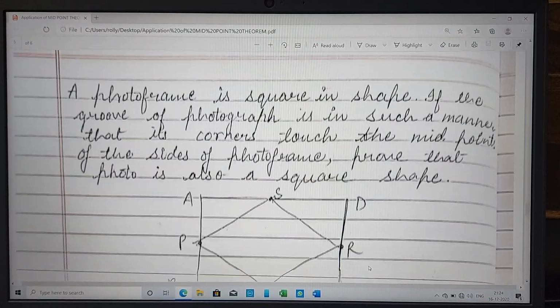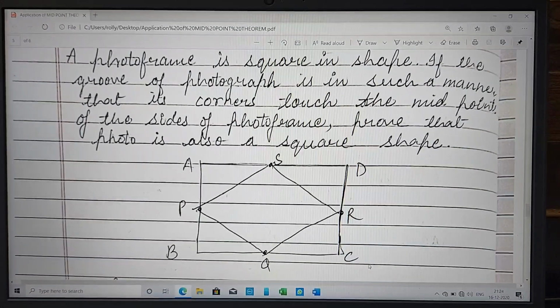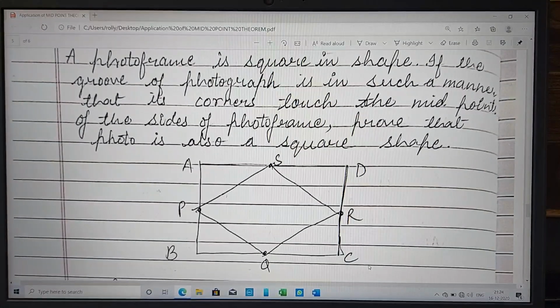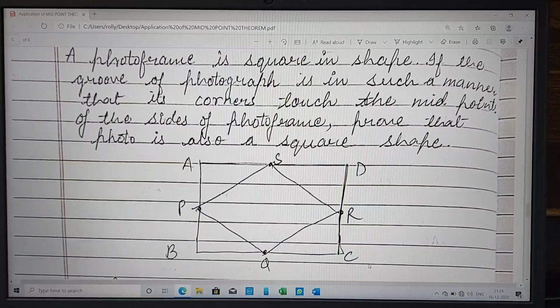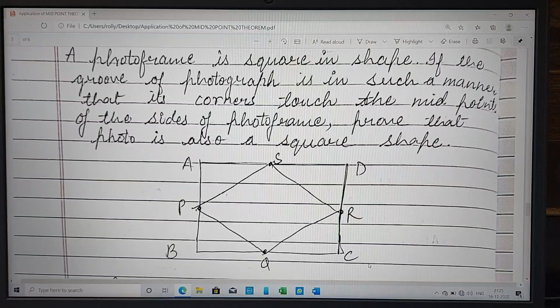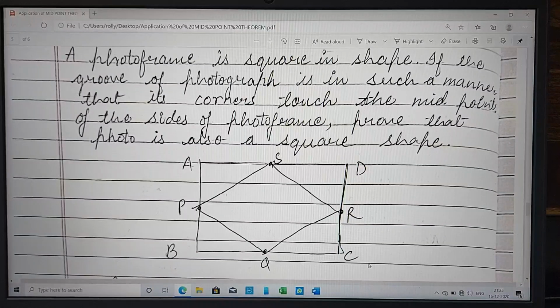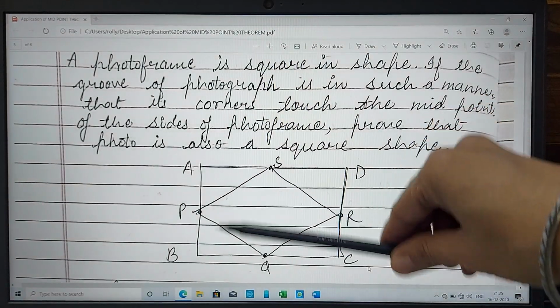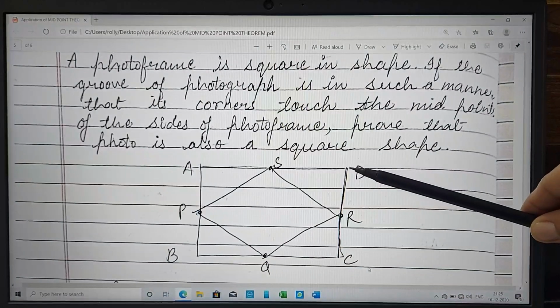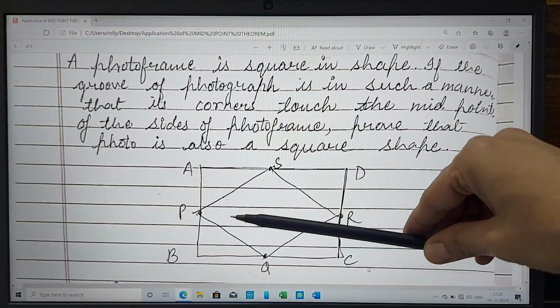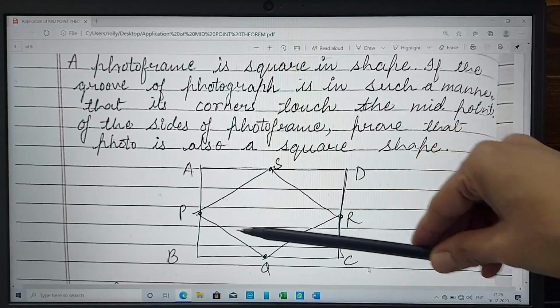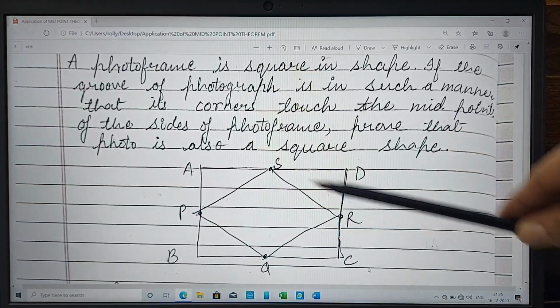One more application based question. It says that a photo frame is a square in shape. If the groove of the photograph is in such a manner that its corners touch the midpoints of the sides of the photo frame. Here ABCD is a photo frame and the groove where the photo will fit is PQRS.